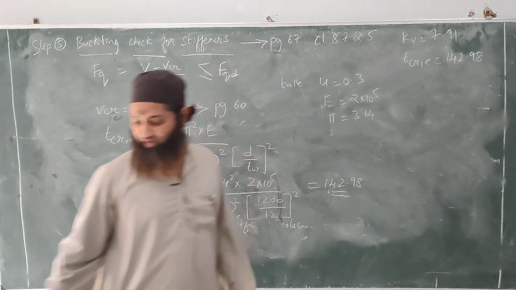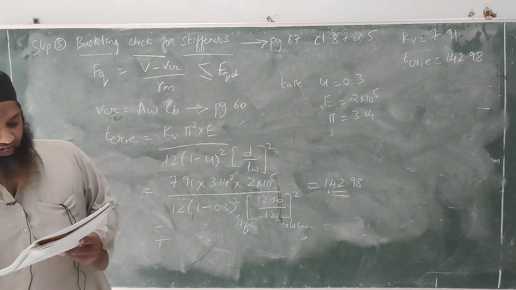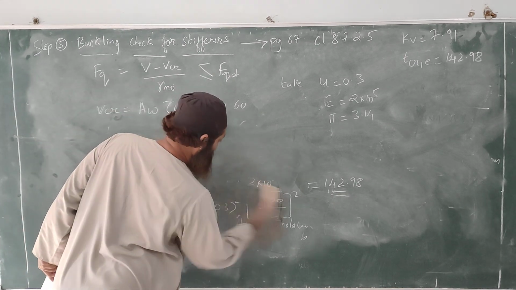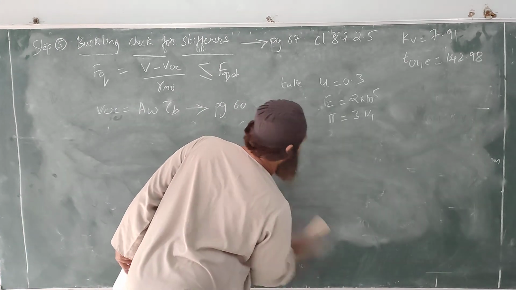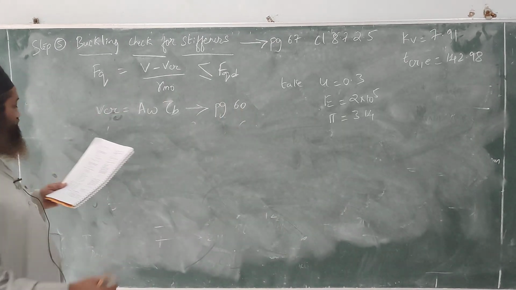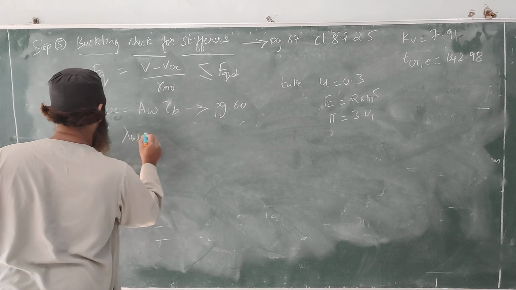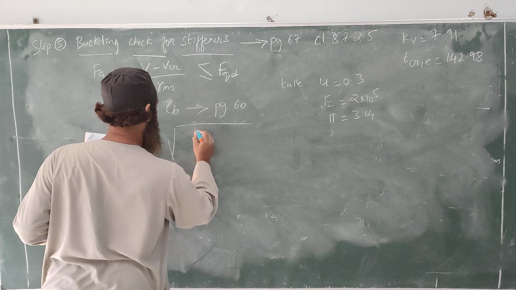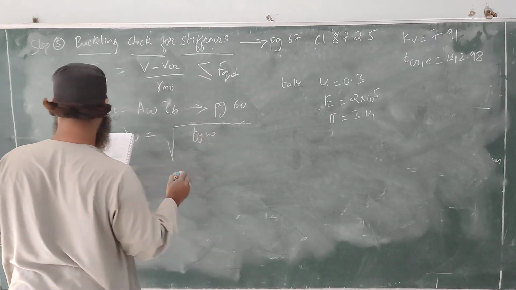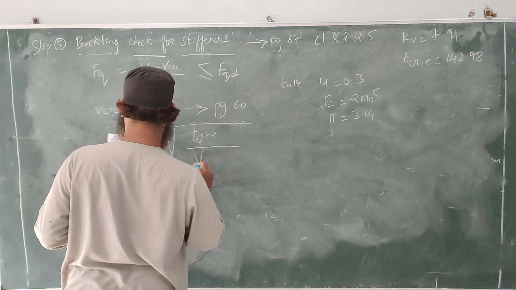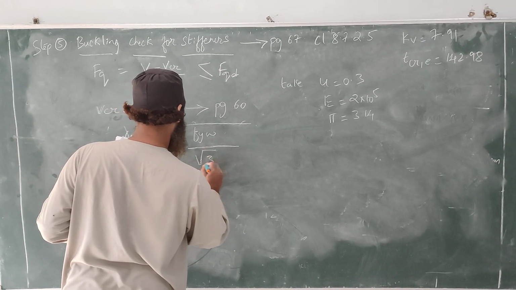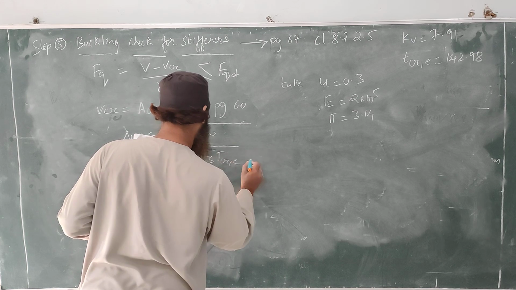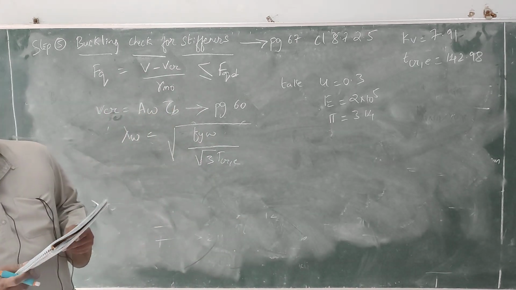Now after getting this value, we'll have to find out lambda W. Lambda W is equal to root of FYW by root 3 tau CRE.